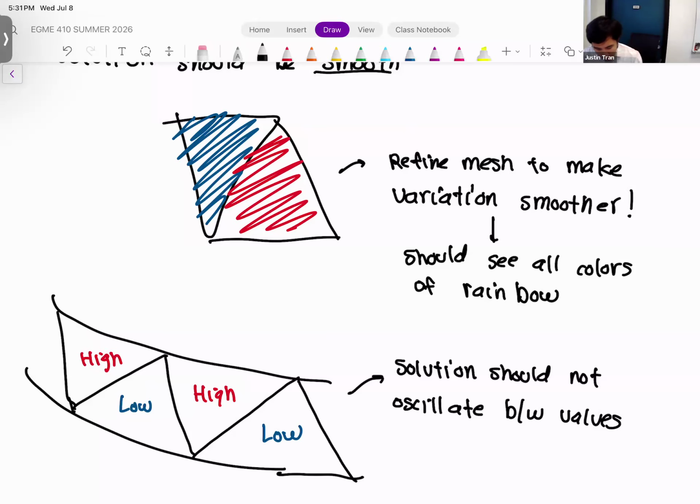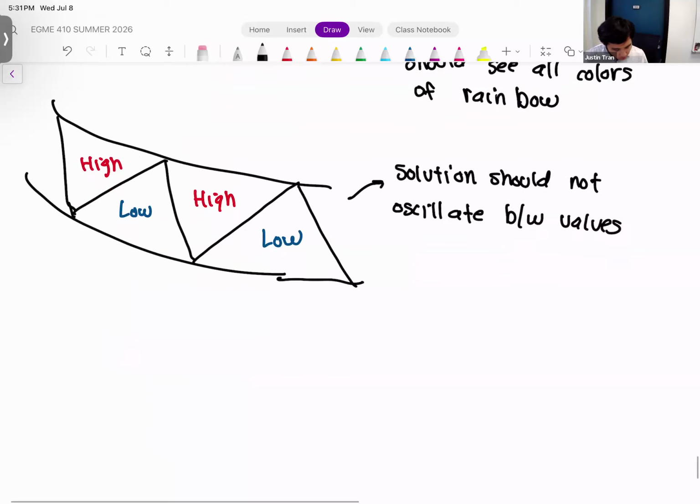Okay. Before we move on, I want to talk about what I would consider the general approach to meshing.